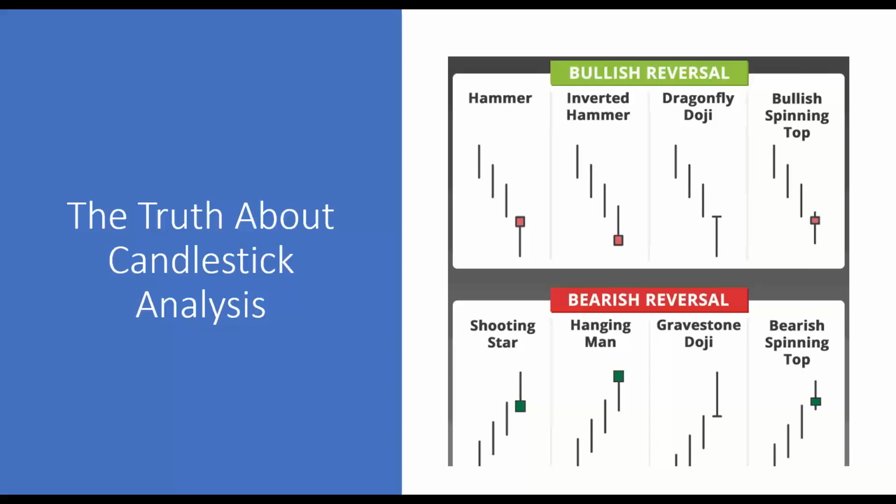Hammer, inverted hammer, dragonfly, doji, spinning top, shooting star, and memorizing exactly what these patterns should be, and then exactly what you're supposed to do when you see this pattern. So this worked well years ago in the stock market, even in the commodities market, when the markets moved slower and we could see these patterns unfold. Okay. Today, it's really kind of useless for us.